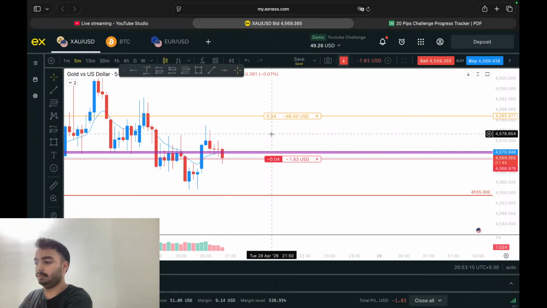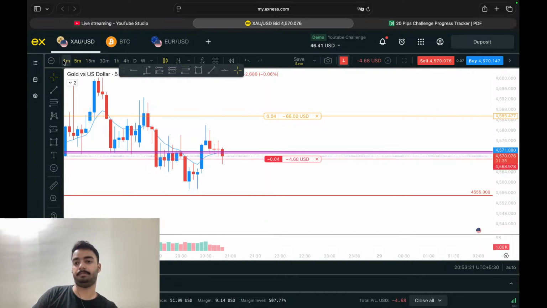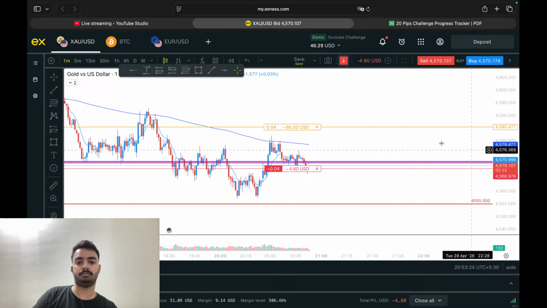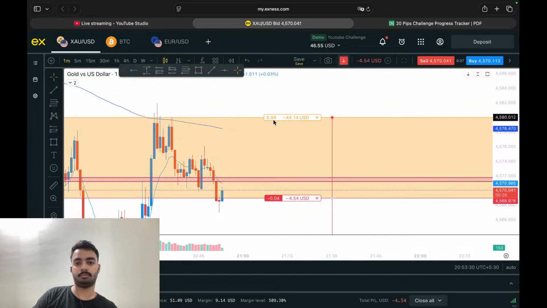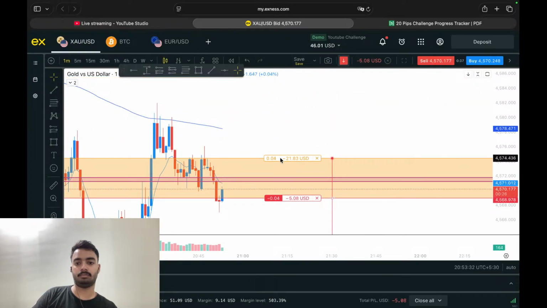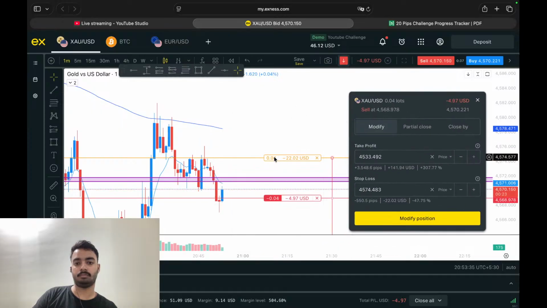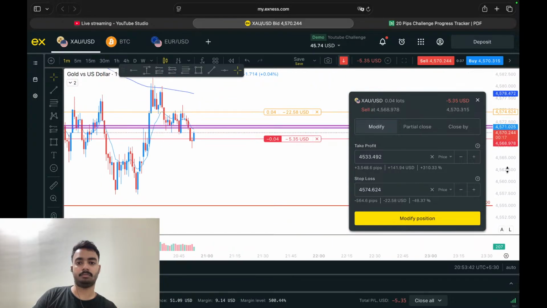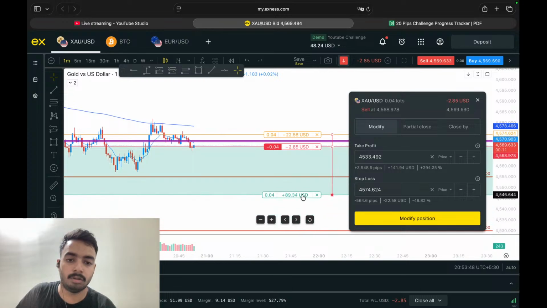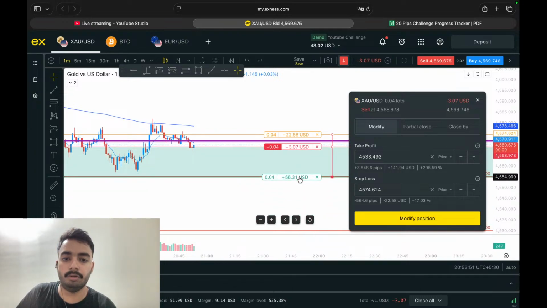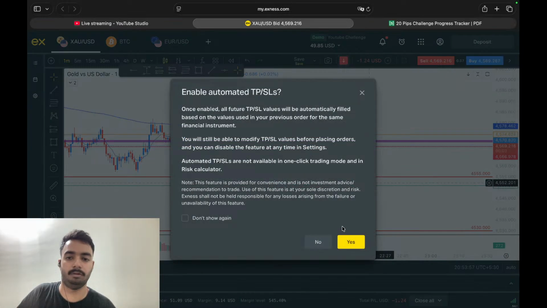Let me see the SL and TP. I'm risking $22 to make $70. Okay, this is nice.